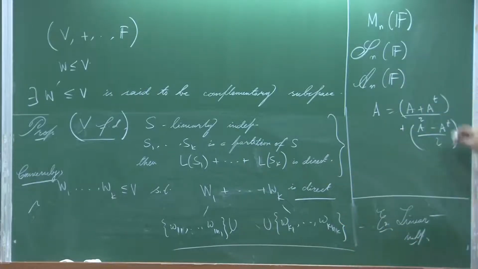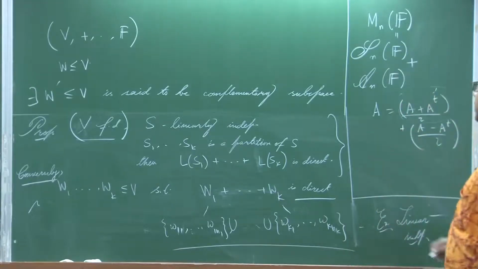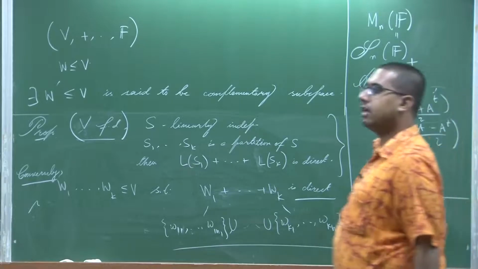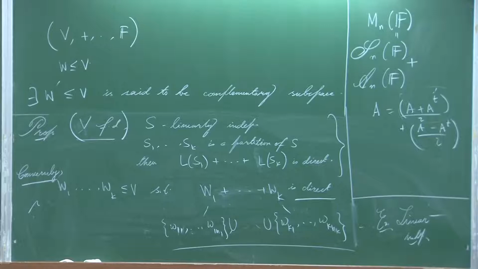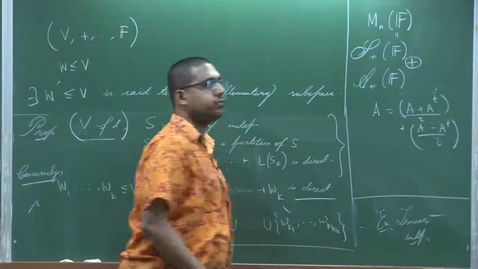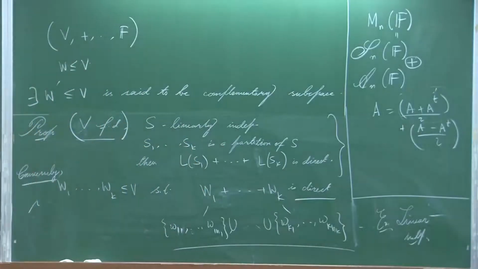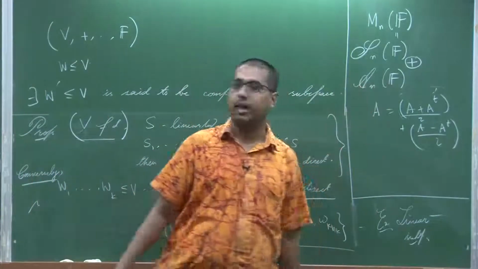So, A plus A transpose by 2 is symmetric and A minus A transpose by 2 is skew symmetric. Therefore, this can be written as a sum of these two subspaces, and a matrix which is both symmetric and skew symmetric has to be the null matrix. Therefore, this sum is direct. Equivalently, you can constitute a basis of MnF from a basis of this union a basis of that.